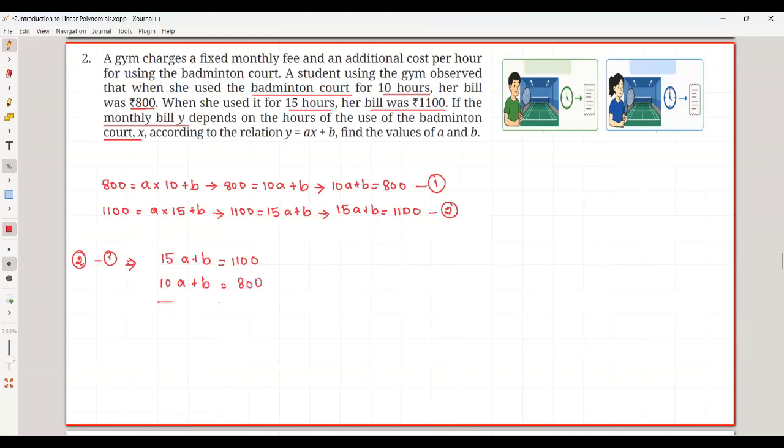While subtracting, I have to change the sign. So this will become minus.